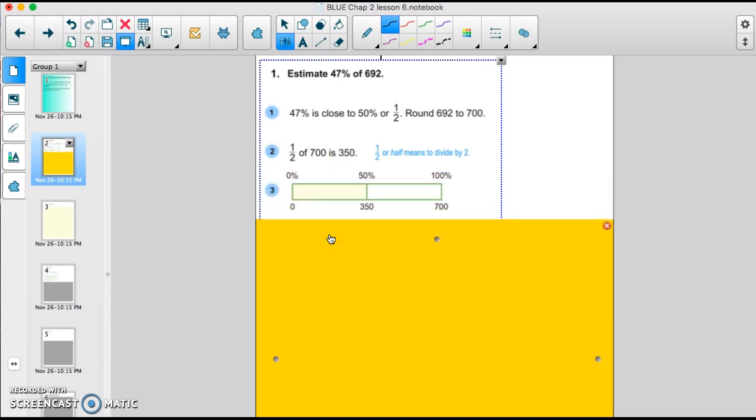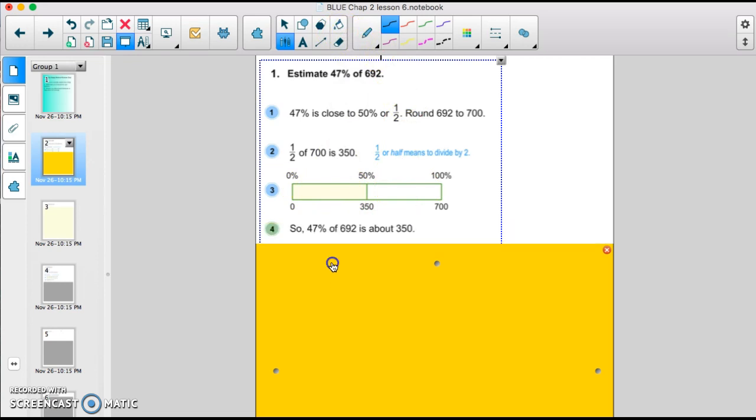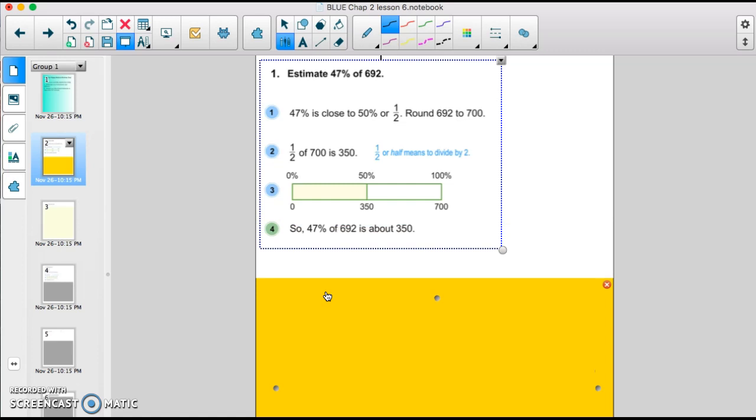We can also draw a diagram here. So this section right here is 1/2, and this section here is 1/2. And there is 350 on this side, and there is 350 on the other side. So to review, 47% of 692 is about 350.